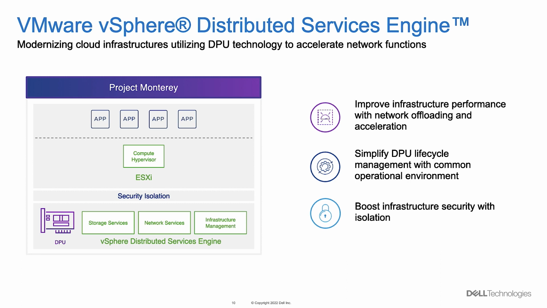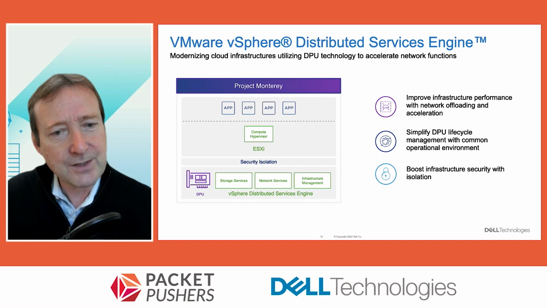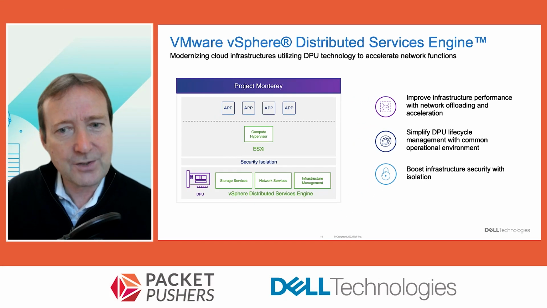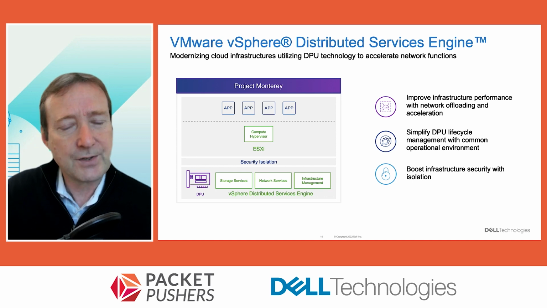That SmartNIC, that DPU, I'm going to keep saying SmartNIC and DPU, that DPU device is an in-band processing engine. What we've also done is changed ESX so that whenever it sees that a DPU is in place, as it streams I/O and traffic, it can stream them out through the DPU device. That allows us to run encryption services, firewall services.